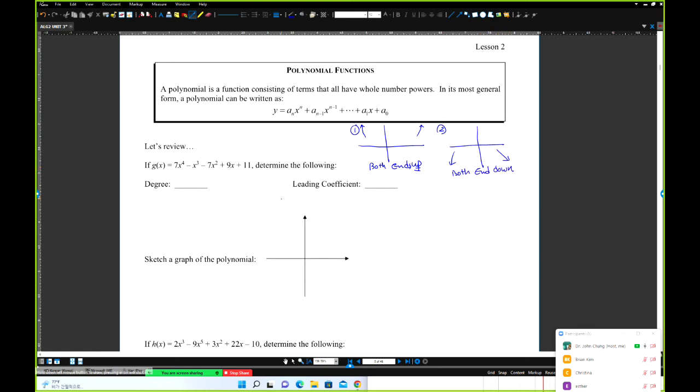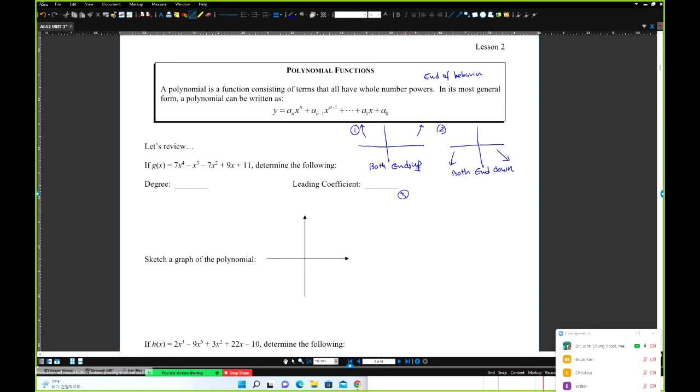Talking about what? End behavior. We're going to check the right end, or the end of behavior of the graph.